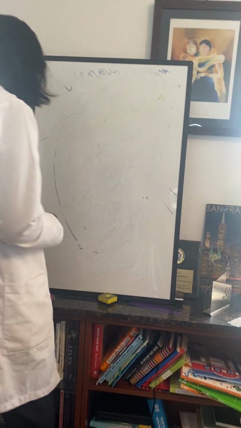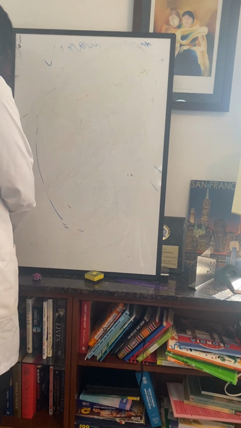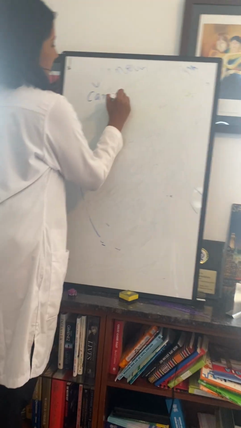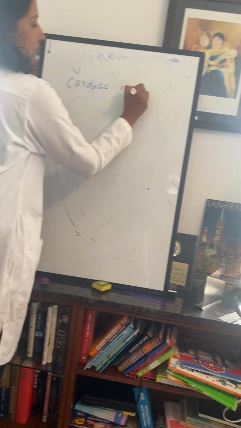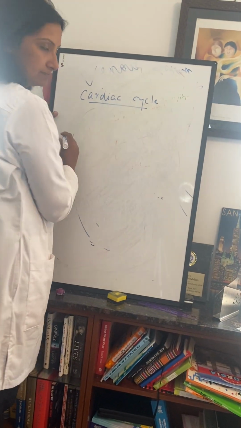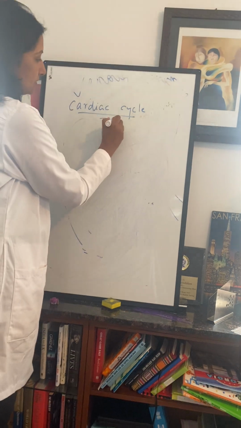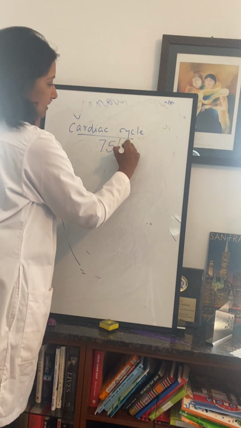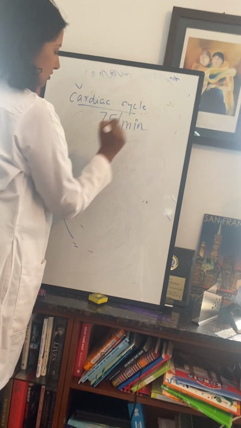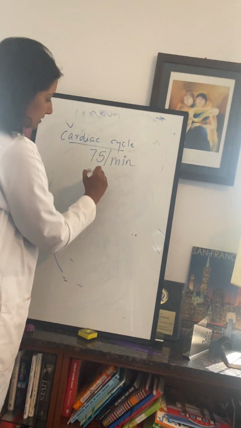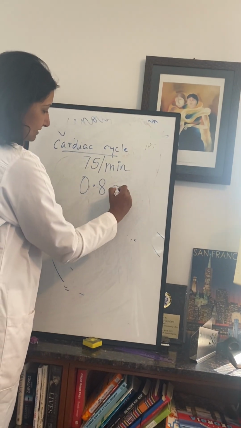So firstly, what is the cardiac cycle? The cardiac cycle is the mechanical and electrical events that take place from one heartbeat to the other. For an average heart rate of 75 per minute, the normal cardiac cycle duration is 0.8 seconds.